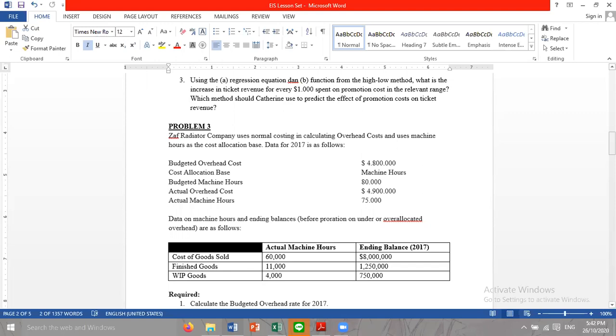So in real life, normal costing is widely used. Why? Because it's hard for managers to predict indirect costs. It's hard to get accurate data on indirect costs before they actually happen.